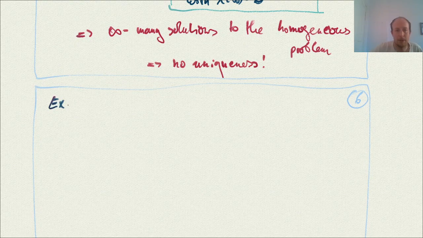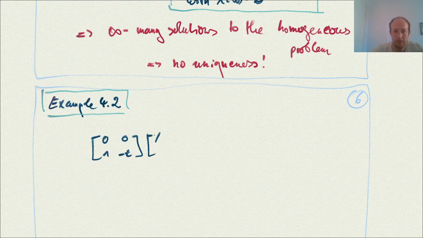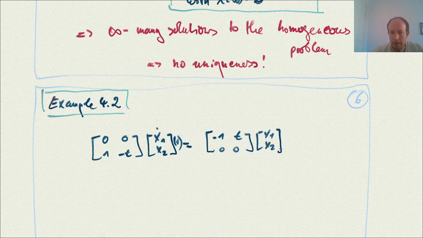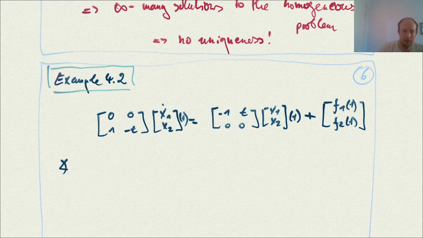So this is Example 4.2. And here the DAE goes like, so this is again the E matrix, (0, 1; 0, -t), x dot, equals (-1, t; 0, 0) times (x1, x2), and now we have a right hand side here, f.